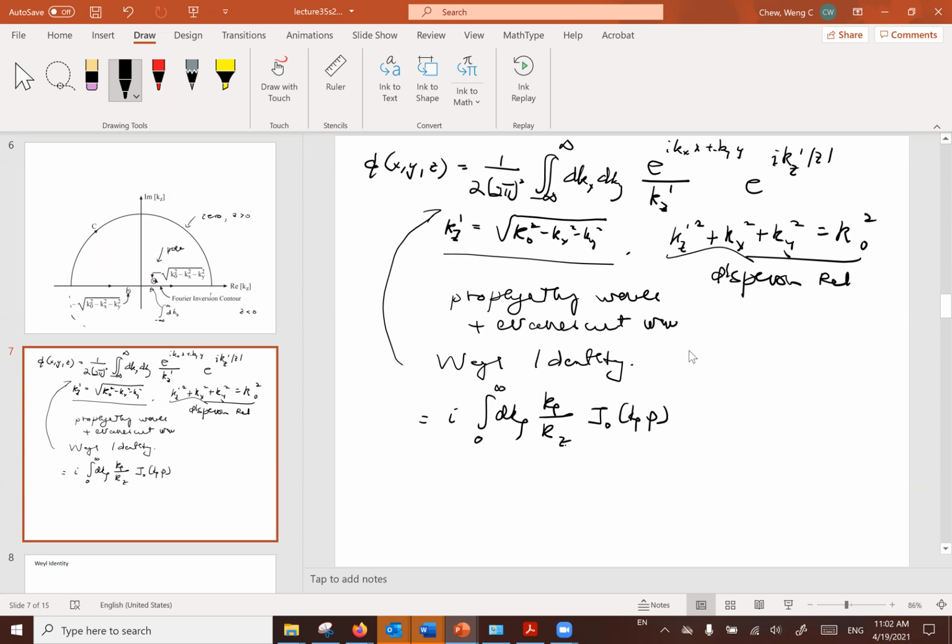And then you will get this new identity, which is in cylindrical waves. This identity is now expressed in terms of cylindrical waves instead of plane waves.